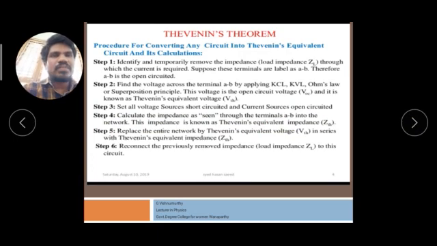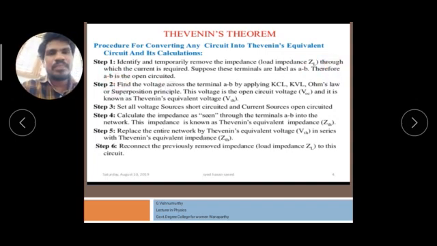The procedure for converting any circuit into a Thevenin equivalent circuit and its calculations. Step 1. Identify and temporarily remove the impedance, that is the load impedance ZL, through which the current is required. Suppose these terminals are labeled as AB, therefore AB is open circuit.